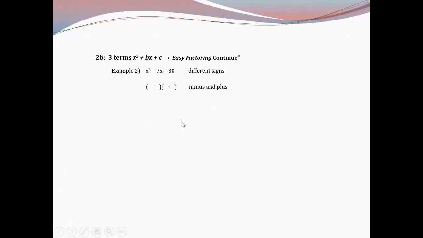Again, they're going to be different signs, right? -1 times 30. 1 times -30. Negative 2 times 15, 2 times negative 15, negative 3 times 10, and 3 times negative 10, negative 5 times 6, and 5 times negative 6. All of these factors will give you negative 30.